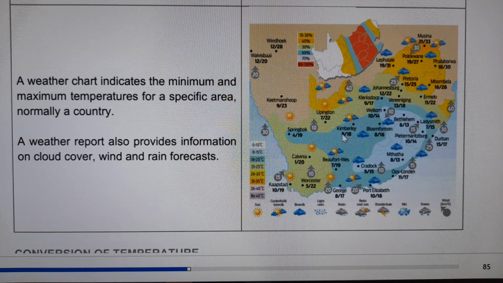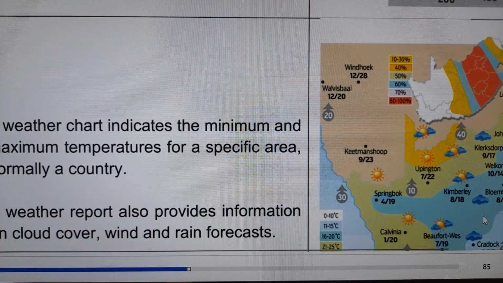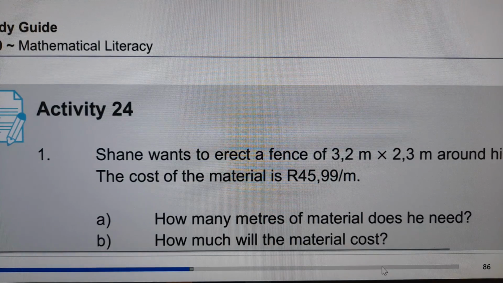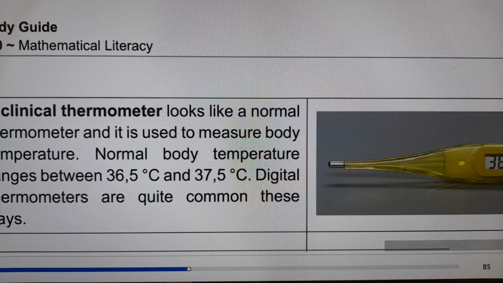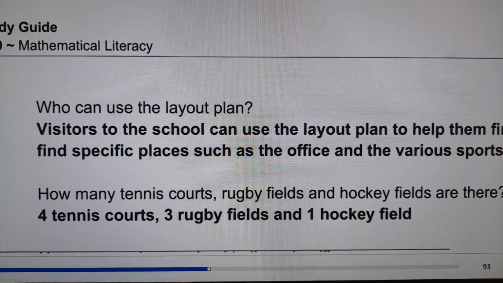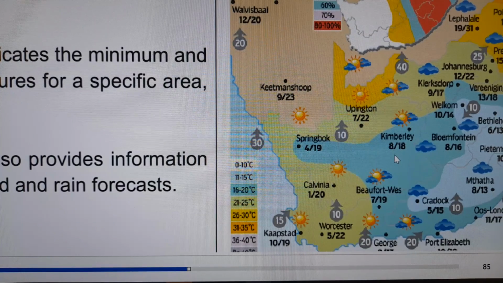So if we are looking at Kimberley, for example, let me maximize this so that you can see Kimberley. Let me see, what have I done? I want to go to that weather chart. Where am I now? Yes, I wanted to maximize this weather chart so that we can see Kimberley.